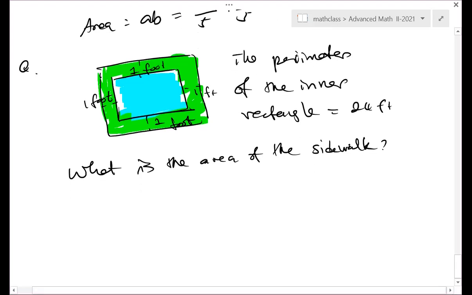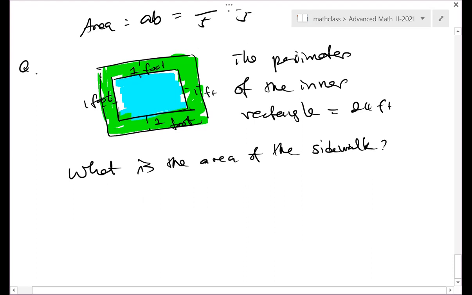So I'll give you 1 minute to think about it. Can you determine the area of the sidewalk? If you have answers, let me know.